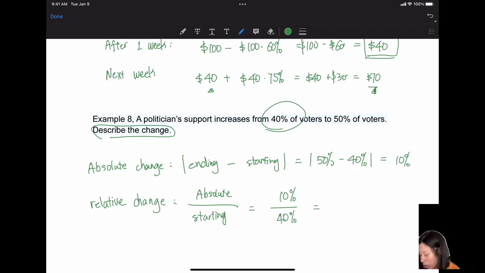So that gives you what? 10 divided by 40 is 0.125, which is 12.5%. So we can say that the politician's support increased by 12.5%.